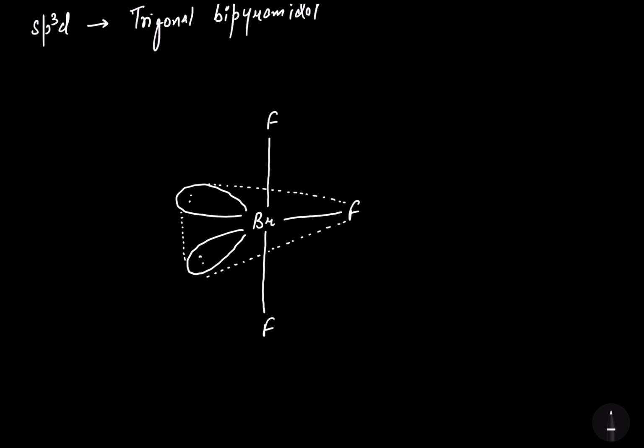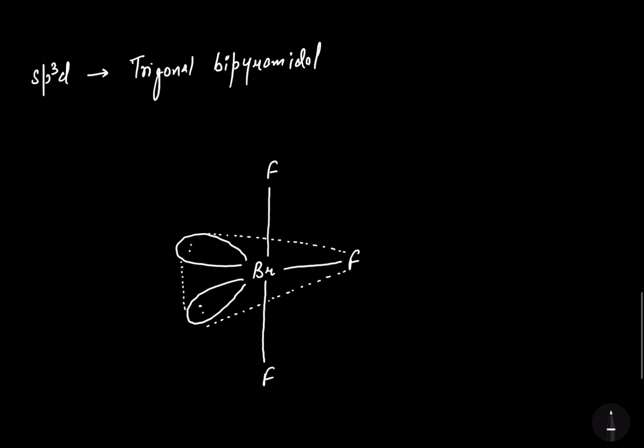So now while naming the structure, we have to ignore the lone pairs. After ignoring the lone pairs, this structure will be of shape called T shape. We are not going to name it as trigonal bipyramidal.